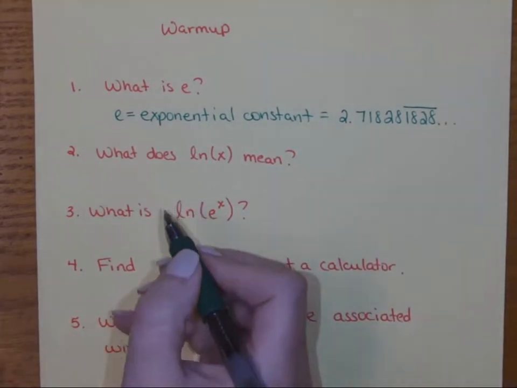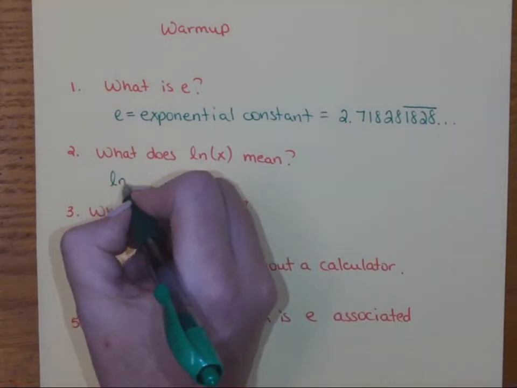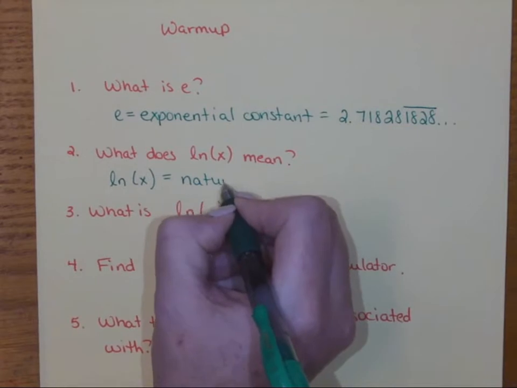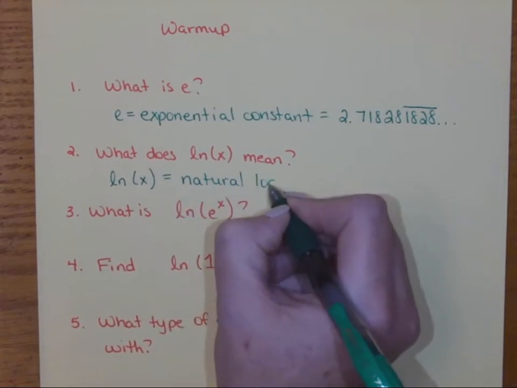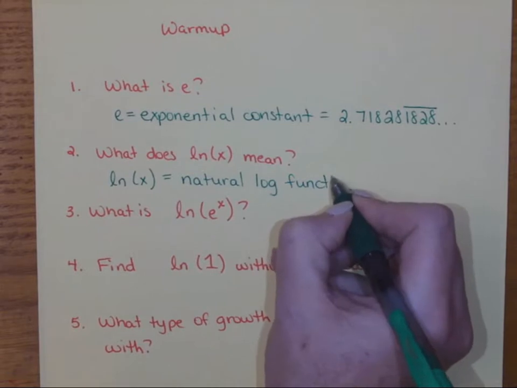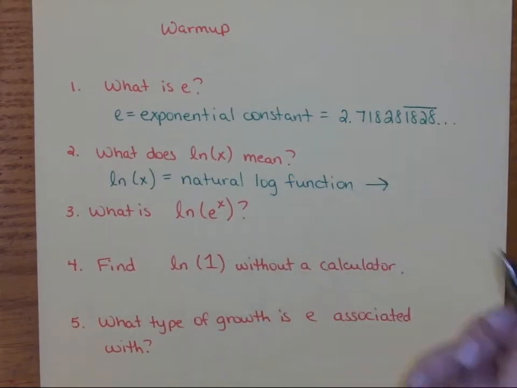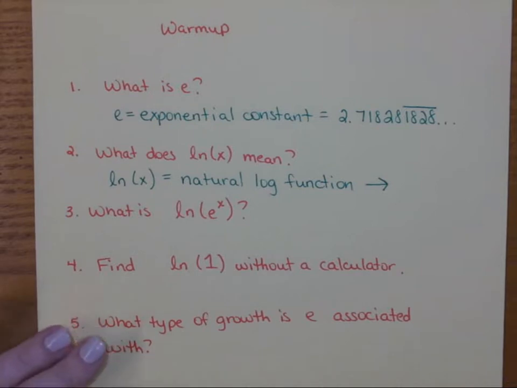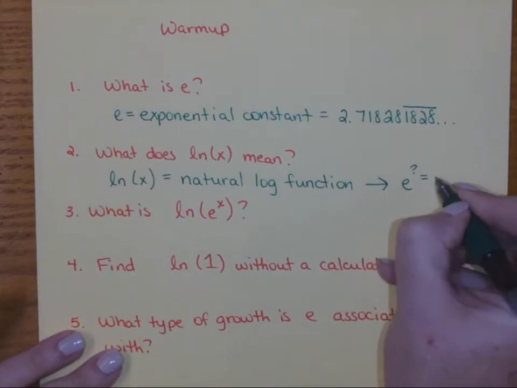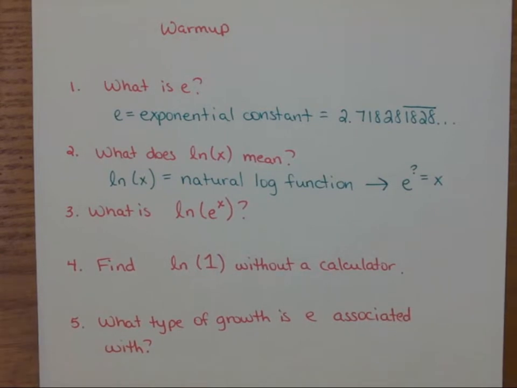So when you're being asked to find ln of x, or natural log as you would say it, this is the natural log function. What it's asking is, what power do I need to raise e to give me x as an answer?